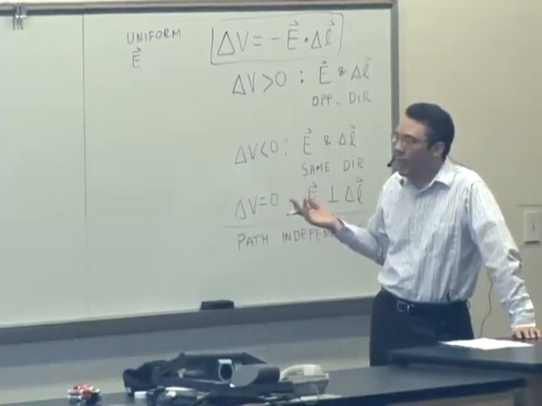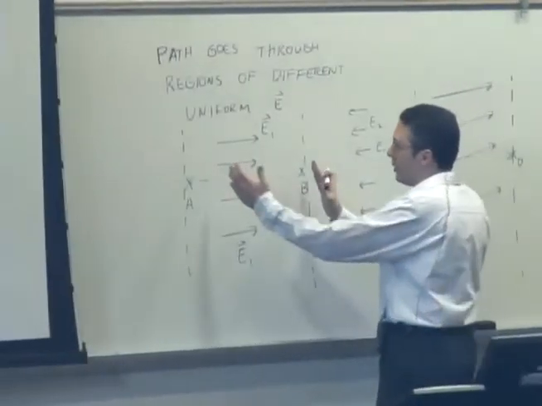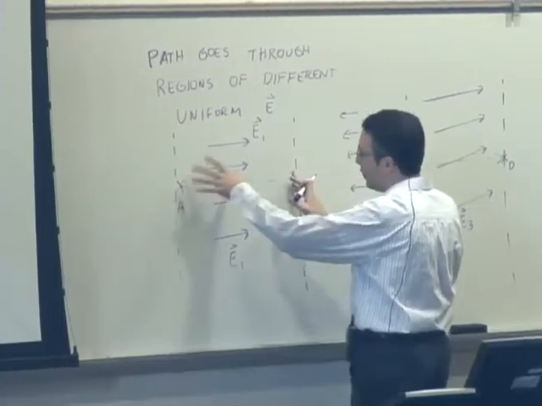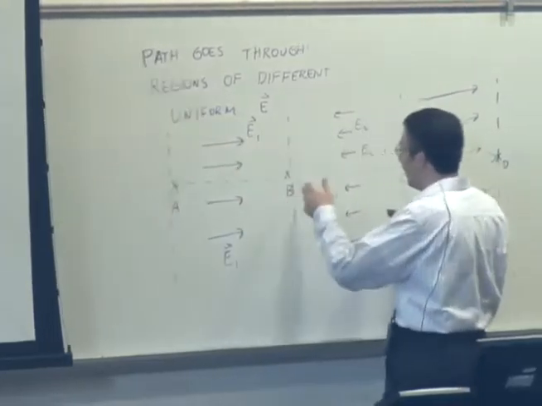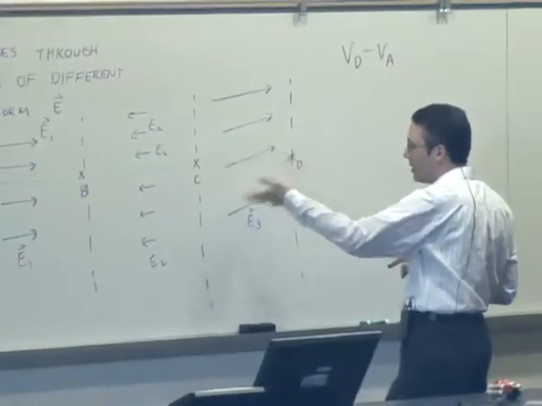Break it up into pieces, right? Break it up into regions where I know how to calculate the potential difference for a uniform field. So A to B, the field is uniform, it's E1. And then from B to C, it's a different field, but it's uniform, E2. And then C to D is E3.